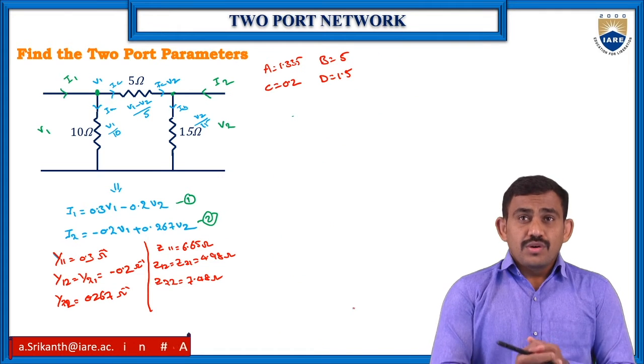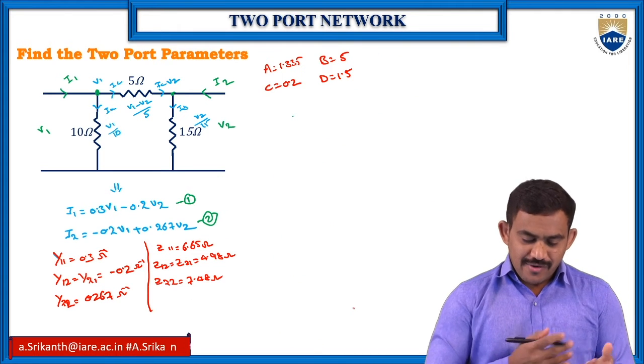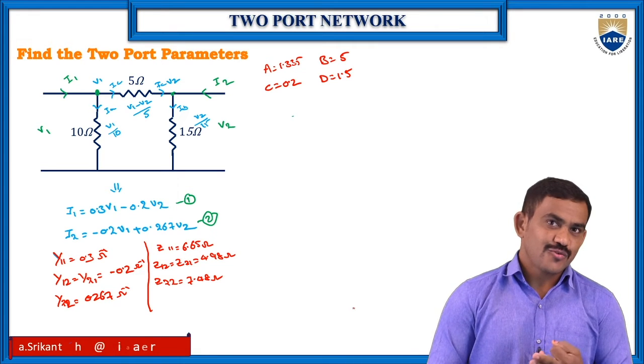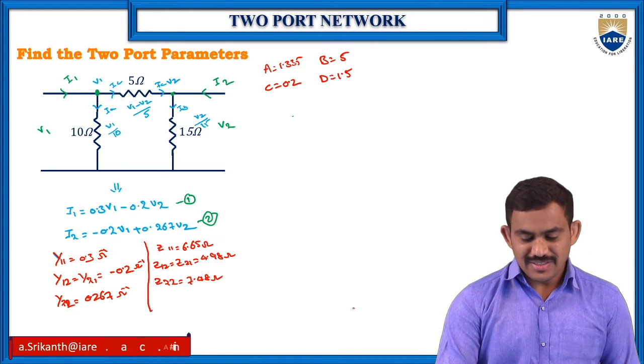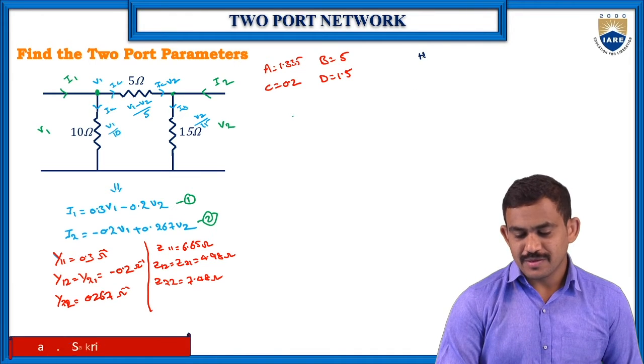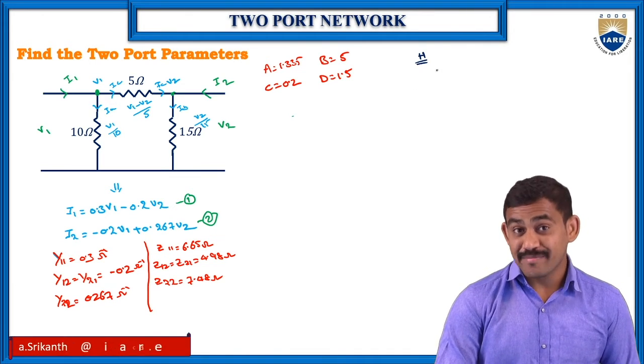Clear? So from this pi network, I have Y parameters values, Z parameters values as well as ABCD parameters values. Now we are moving to H parameters. So what are your H parameters equations? That is hybrid parameters.